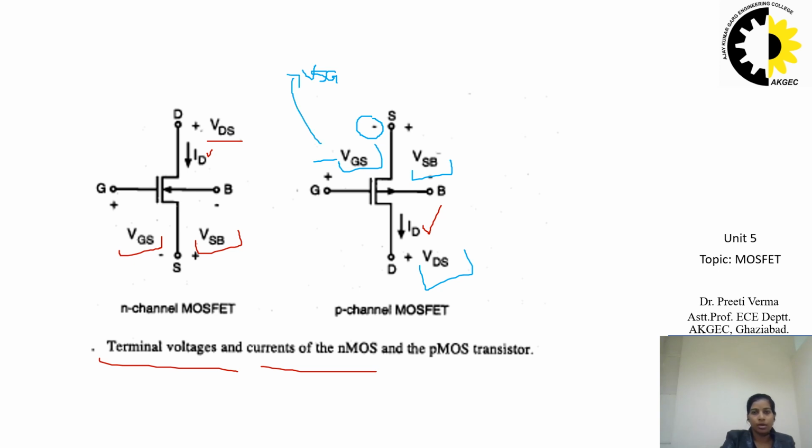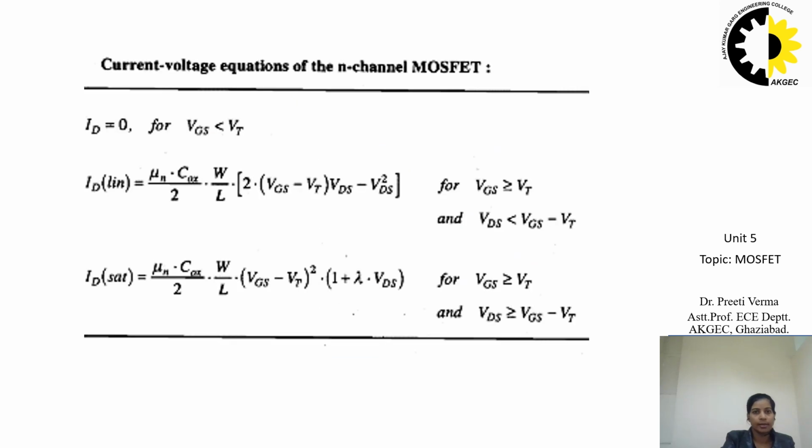Similarly, for VSB, we have VBS. Similarly, VDS is VSD. But the polarities are reversed for the PMOS, so the voltages are also in inverse polarities.